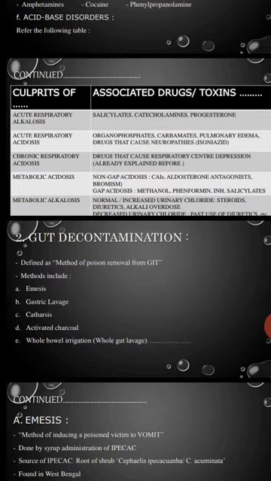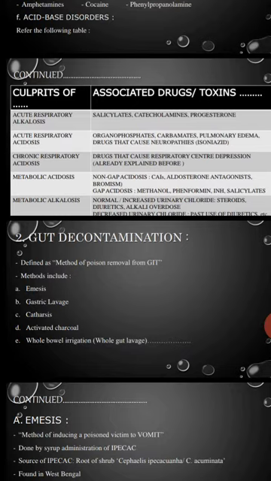It is simply a method of removing a poison from the GI tract. So how to remove it? There are many methods. First, induce vomiting by using emetics. Next, gastric lavage is a method to clean the GIT. Then cathartics, that is laxatives and purgatives.